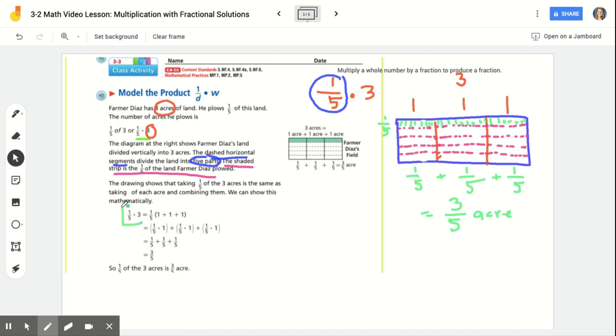1/5 times 3 is equal to 1/5 times, and then breaking apart this 3 into 1 whole plus 1 whole plus 1 whole.